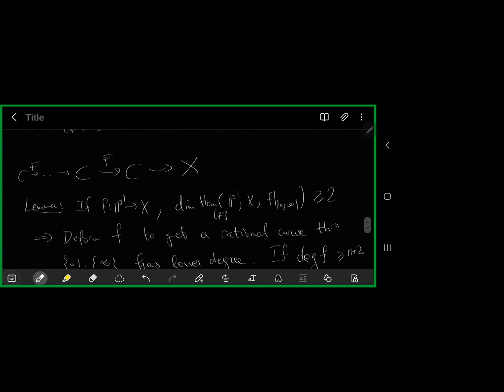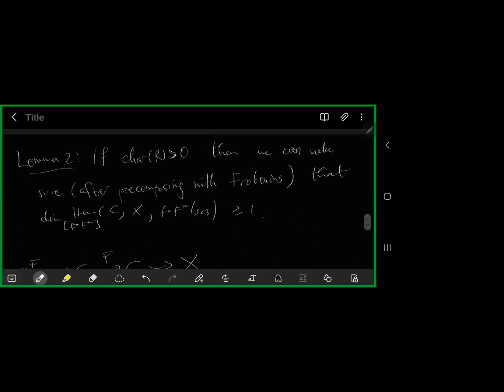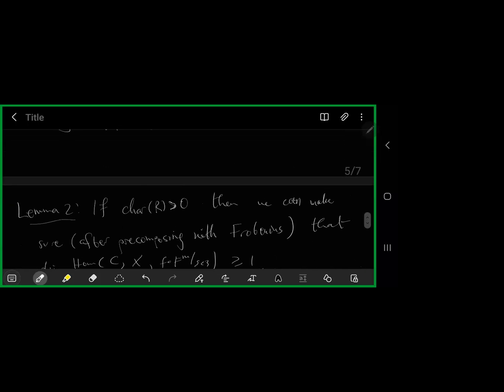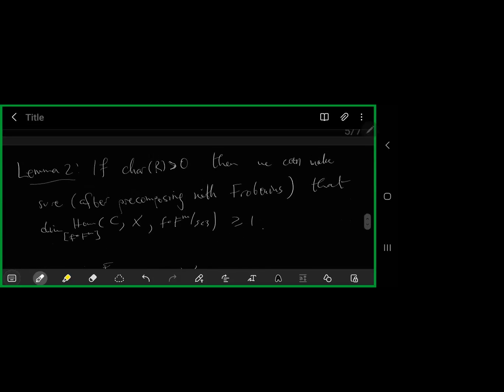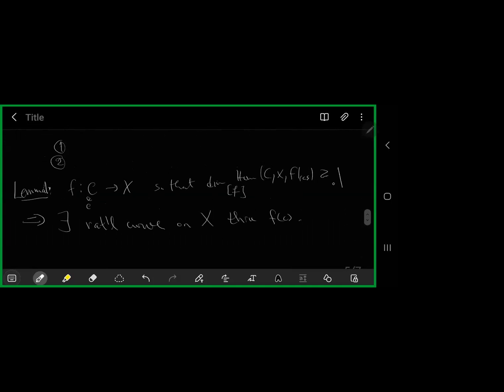And the way that we got to them was by proving that in characteristic p, we can deform any curve that has this bound. And in characteristic p, you can ensure that this bound is true after precomposing with a Frobenius several times.